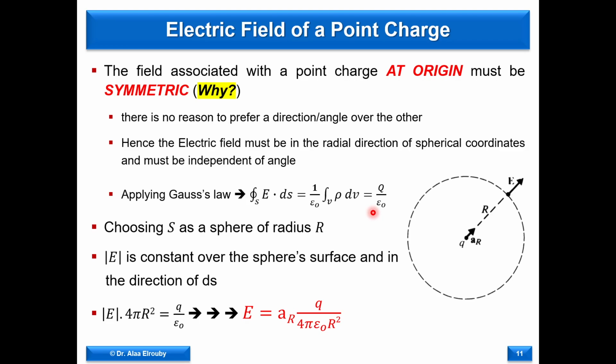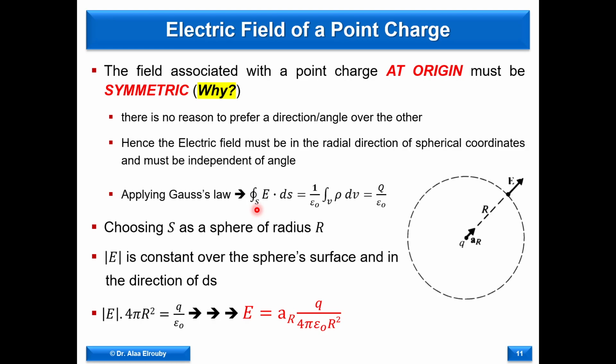We must choose the surface to benefit from the symmetry of the problem. Otherwise, the total flux out of this surface still equals the total charge enclosed, but if we choose the surface in a way that is not benefiting from the symmetry, we can't use Gauss's law to solve the problem, and we're going to revisit this more and more.